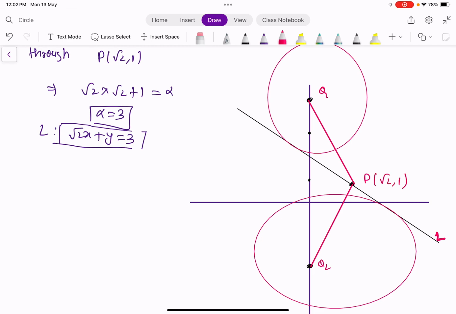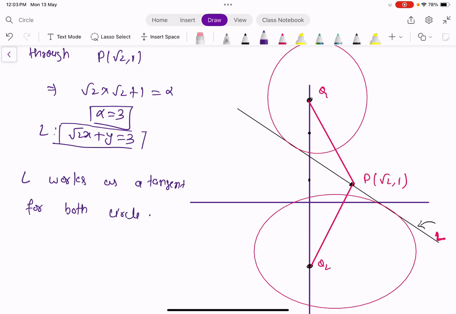Our target is to find the coordinates of Q1 and Q2. Q1 is the center and Q2 is also the center. But if you see very carefully, this line L works as a tangent for both circles.